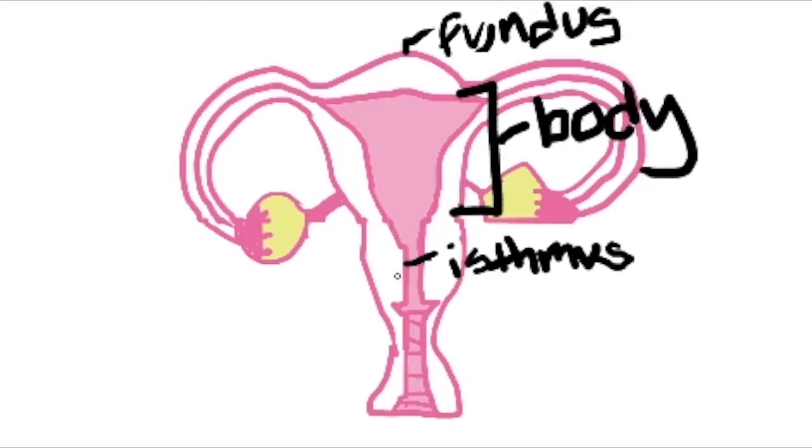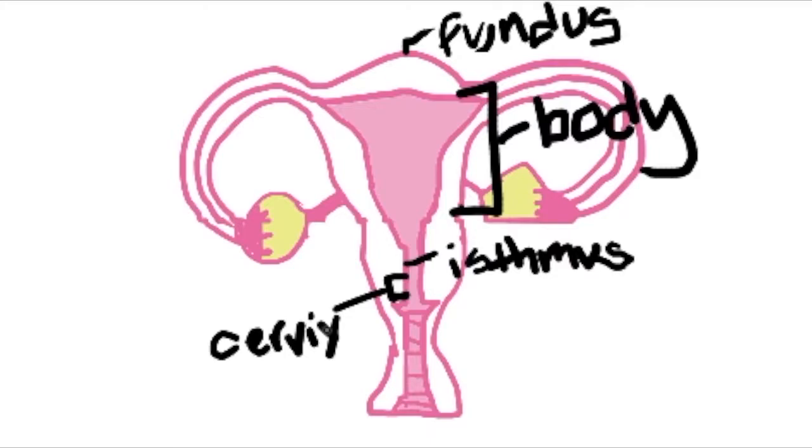And then this structure here is the cervix, which is the cylinder-shaped tube of tissue that connects the uterus to the vagina. And cervix is also Latin for neck.